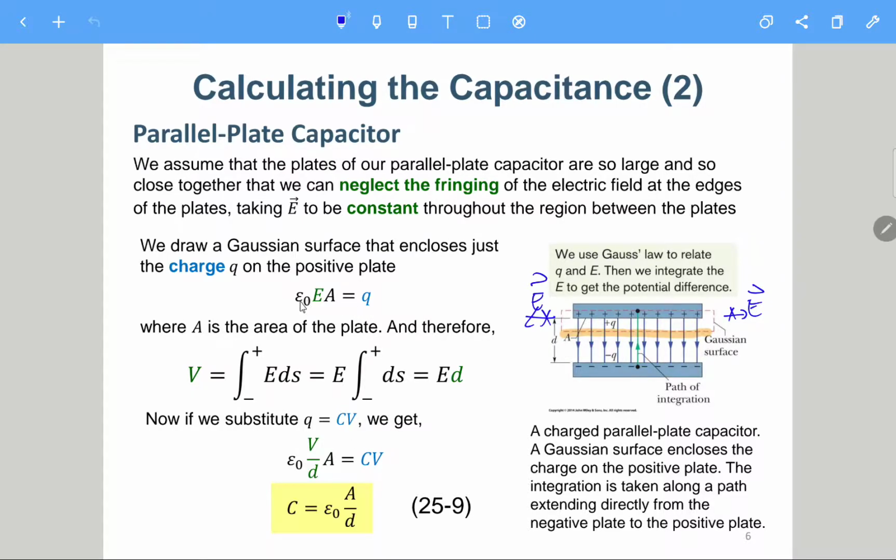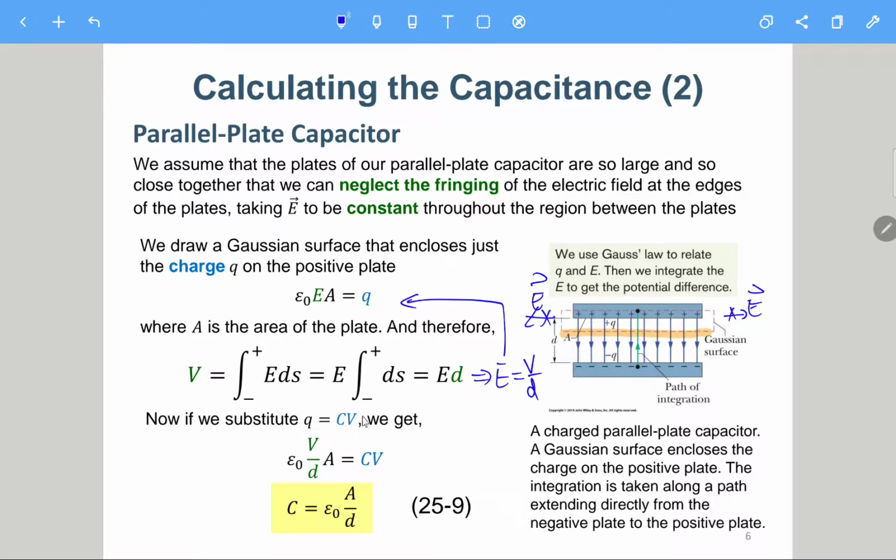So V is nothing but Ed, just integrating a constant. So we have E equals V over d, and we substitute this into here.